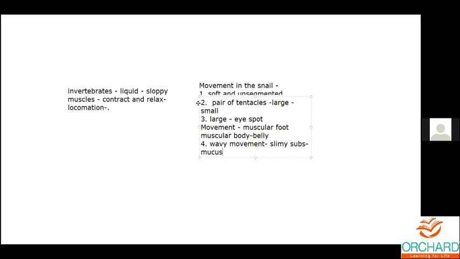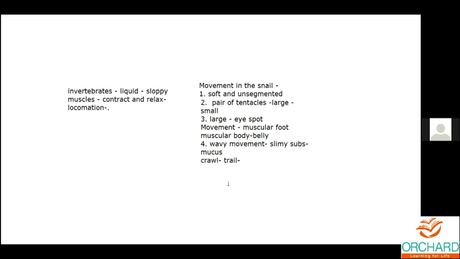That's why the slimy substance is present, and it's called mucus. Also, when the snail crawls, that area will be left with a trail of mucus. So when they are moving, they leave a trail of mucus. The shell is also dragged along with them. So this is what the movement of the snail is all about.